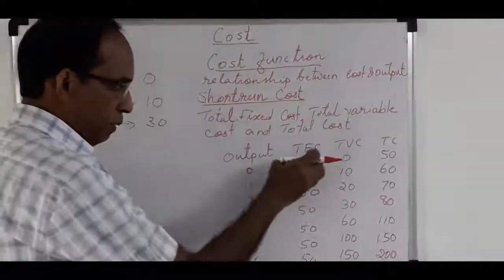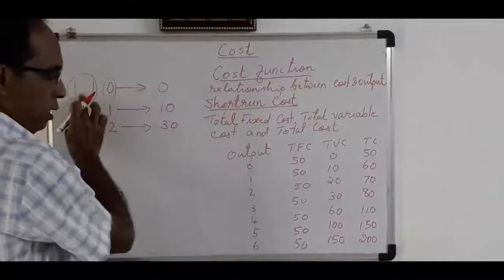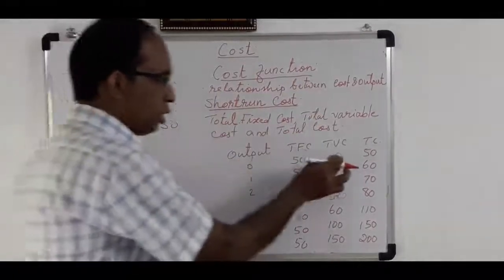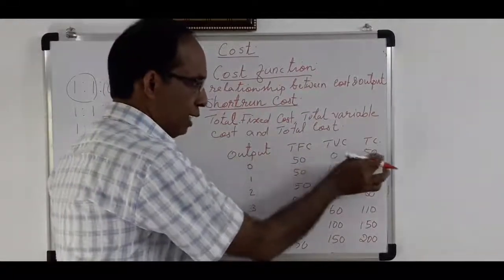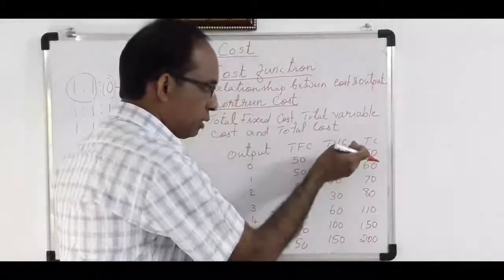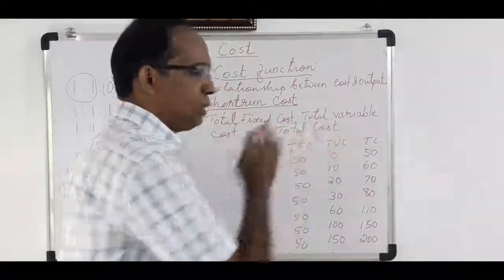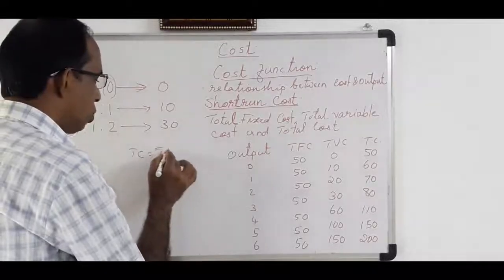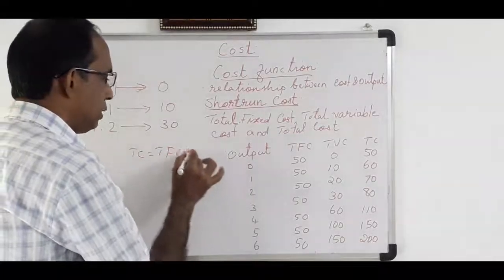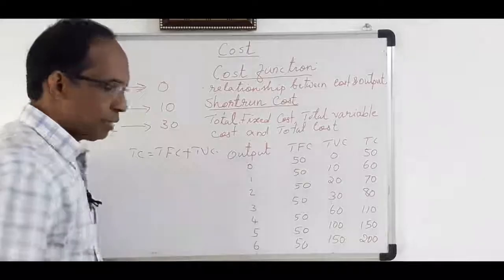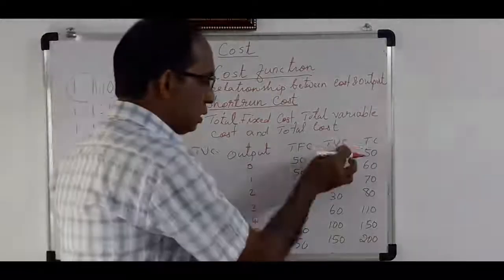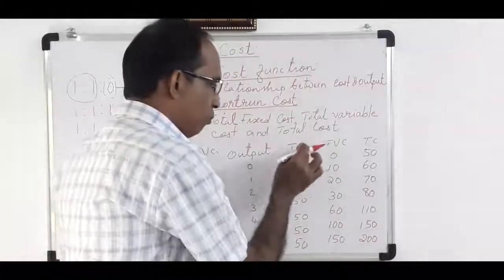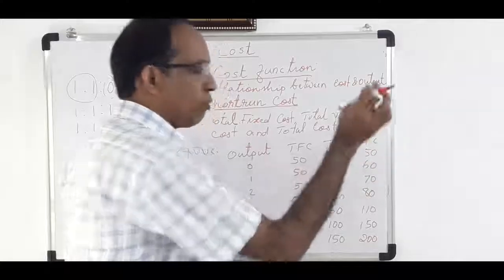There is TFC, but TVC is zero. Then what is TC? TC is the sum of TFC and TVC, or TC is equal to TFC plus TVC. Suppose the output increases to 1.